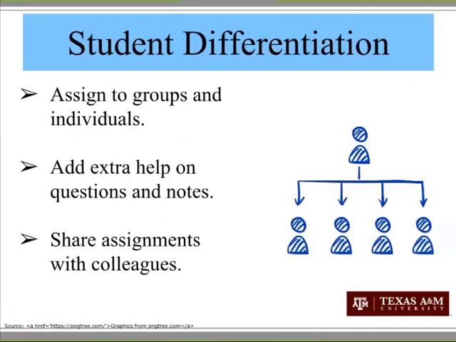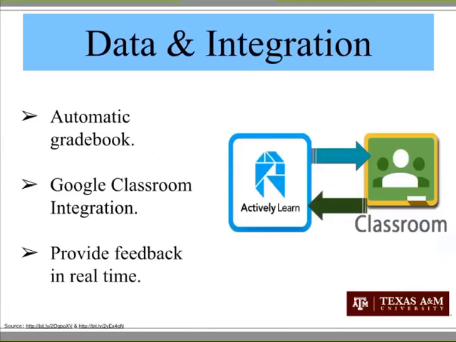It's because I've already used up my 3. So that's kind of a downfall, but you can still say, hey, go look up this one if you want to share with somebody. Data integration, there's an automatic gradebook. As we've already discussed, Google Classroom integration, so the two play well together, and provides feedback in real time.